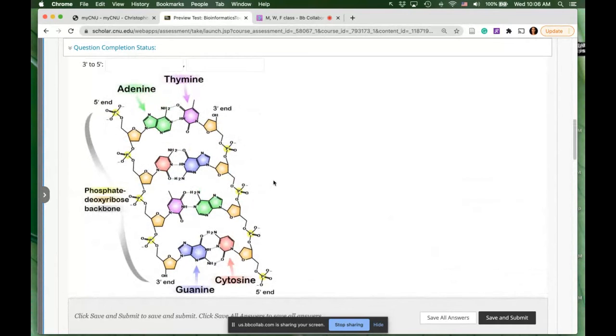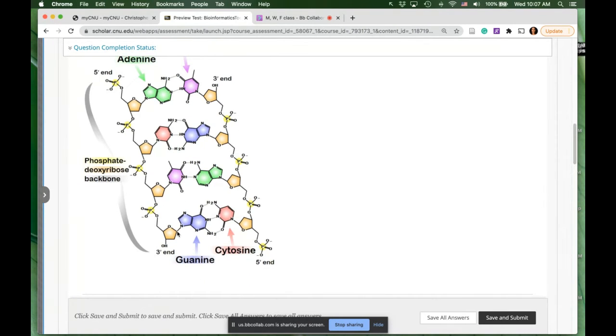Then I asked, what are the 4 sequences you could have? You're supposed to read from the 5' end, which means you're reading the base that is attached to this pentose, and so you're going to read this way. The 5' carbon is here. This end here is called the 3' carbon. So we read 5' to 3'.